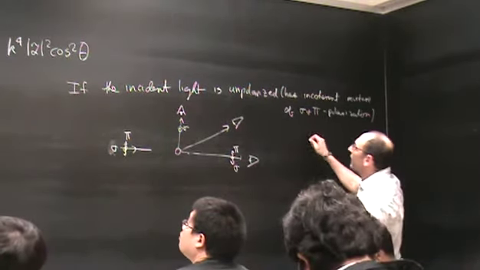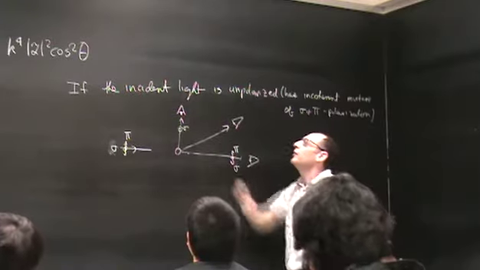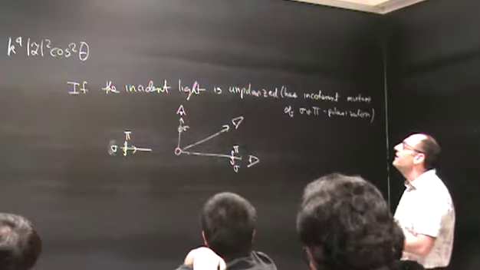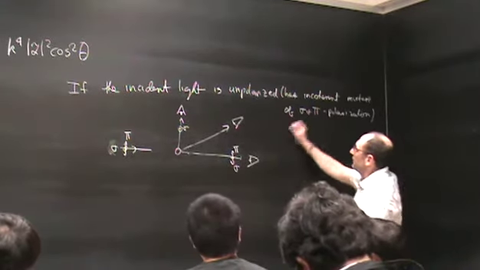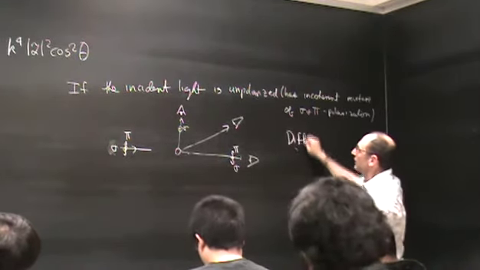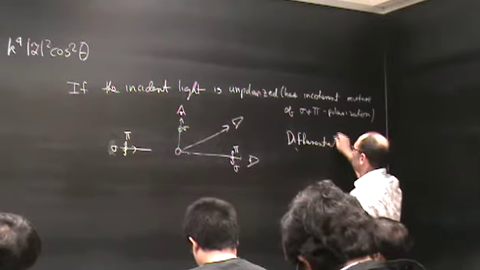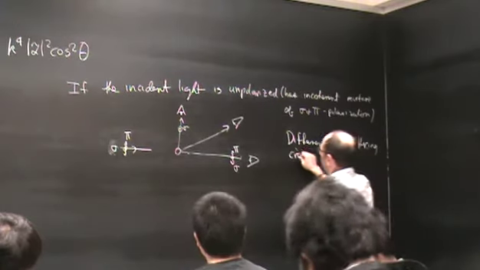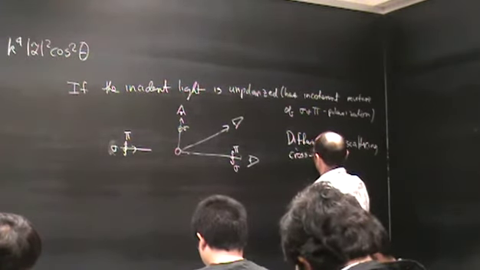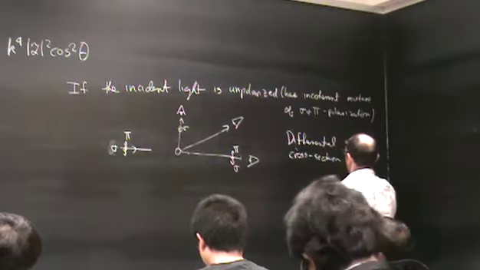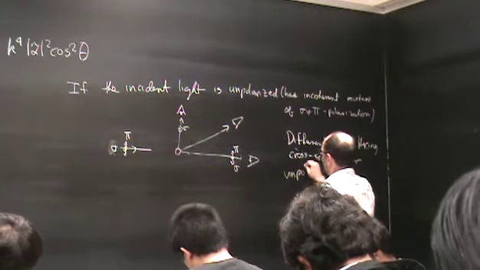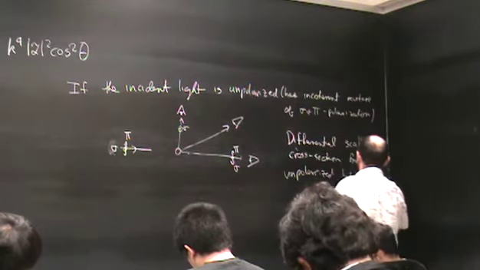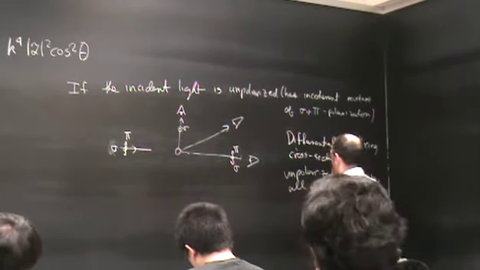So if, on the other hand, we were interested in the total amount of light scattered independent of polarization, here we have the differential scattering cross-section for unpolarized light into all polarizations.